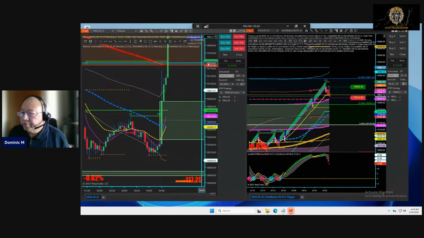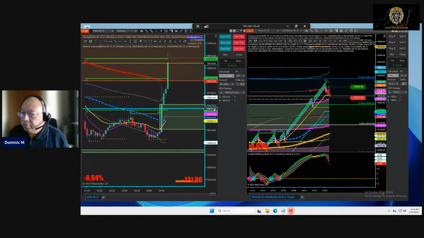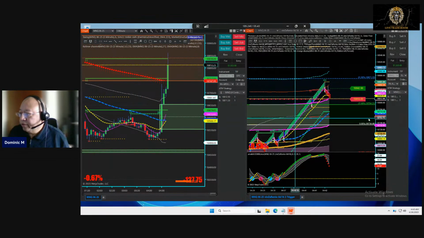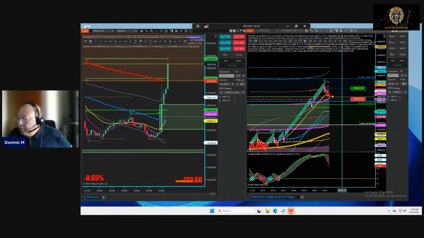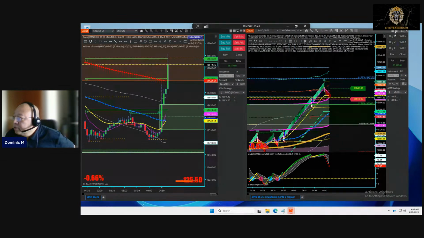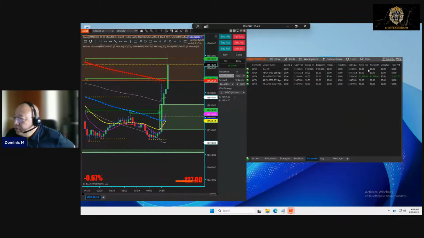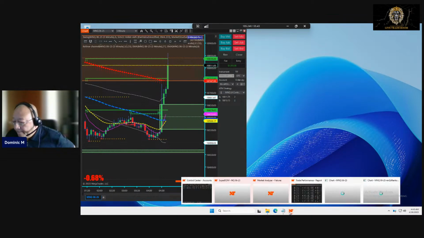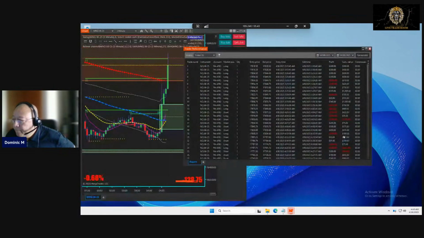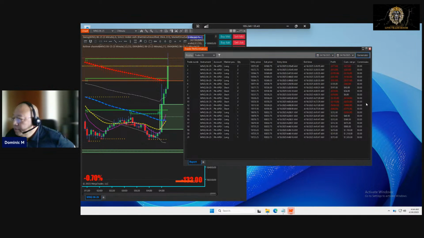So that move, hitting the, what do we call it, the pivot. So let's see, the last trade. No, that's not it. What's the date today? 16th. There it is. So the last trade right there, you can see.